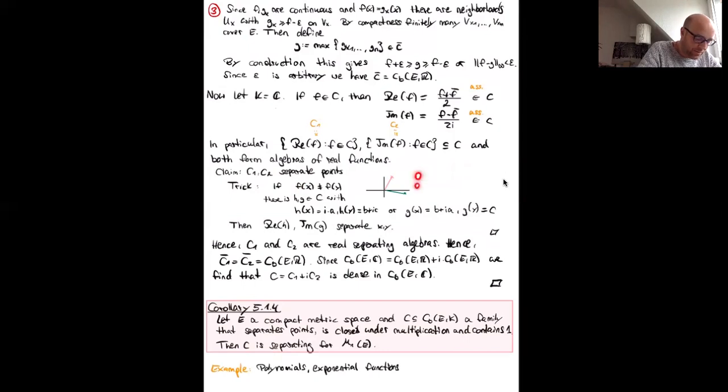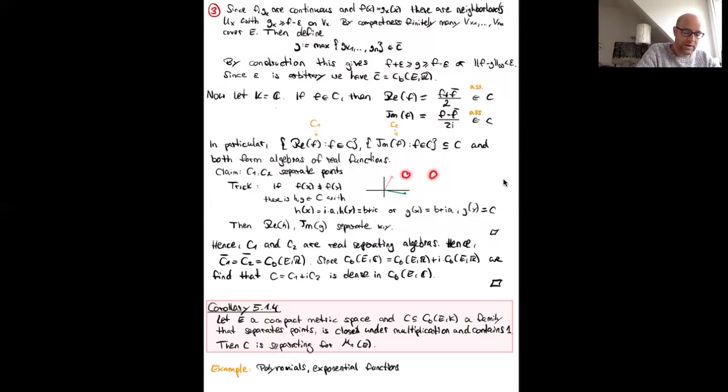So if they were like this before, then for the function f tilde, they are like this. But f tilde is still in C. And if you rotate these points and now you take the real and imaginary part, now they are different.